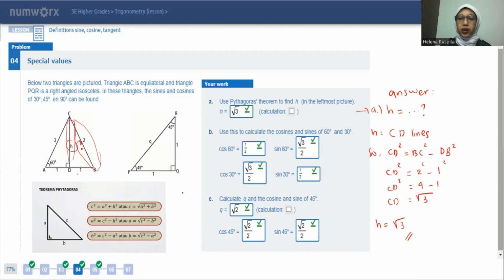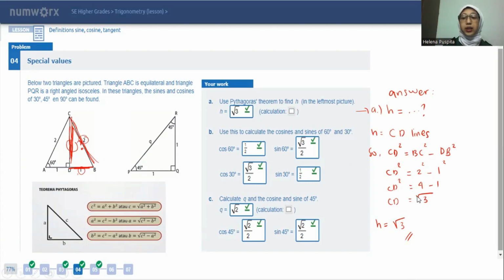CD squared equals BC squared minus DB squared. CD squared equals 2 squared minus 1 squared. CD squared equals 4 minus 1.